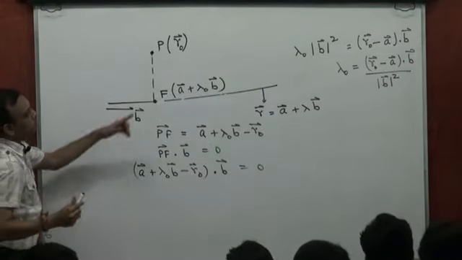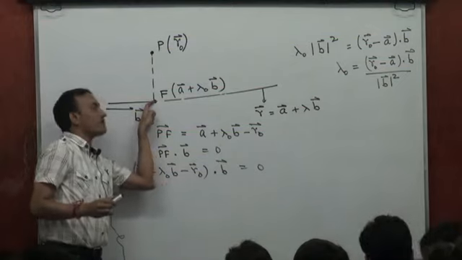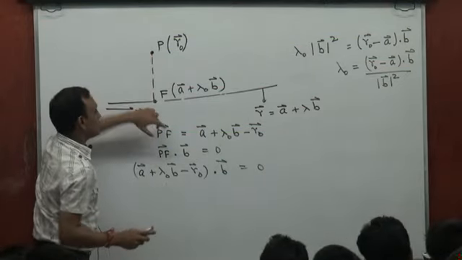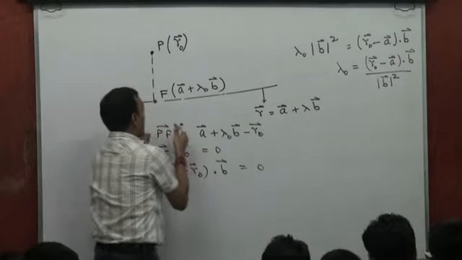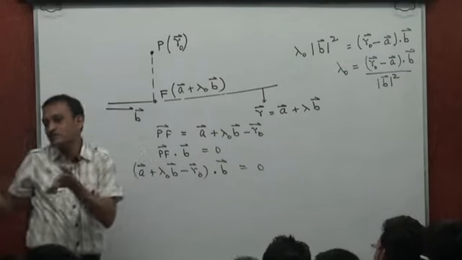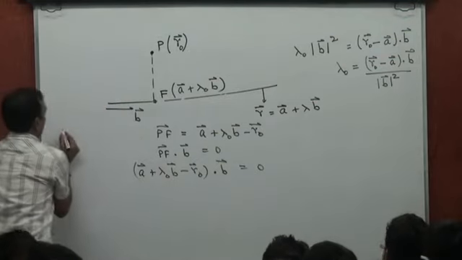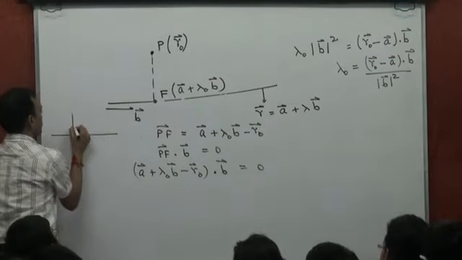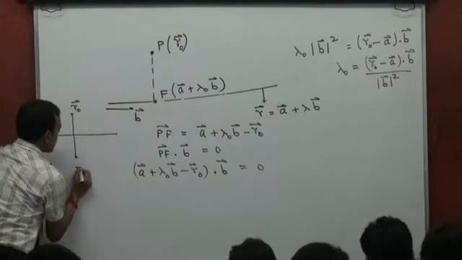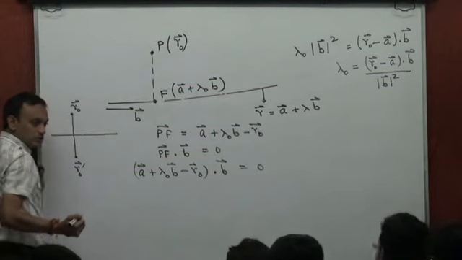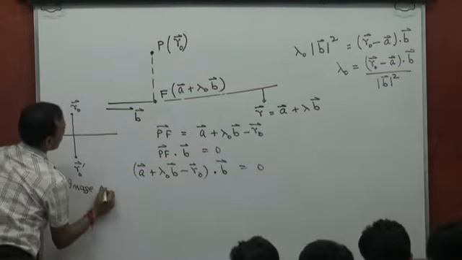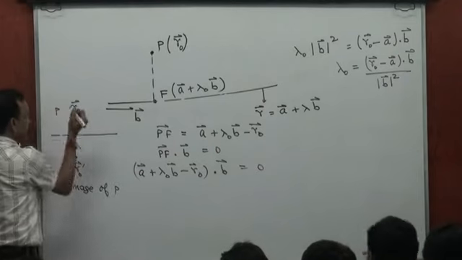And once you know lambda naught, you know the position vector of F. Once you know the position vector of F, then the vector PF can be found. Mod of PF will give me the length PF, and the image of the point P with respect to the line. Let's say this is R naught. Its image, let's say R naught prime, is its image of P with respect to the line.